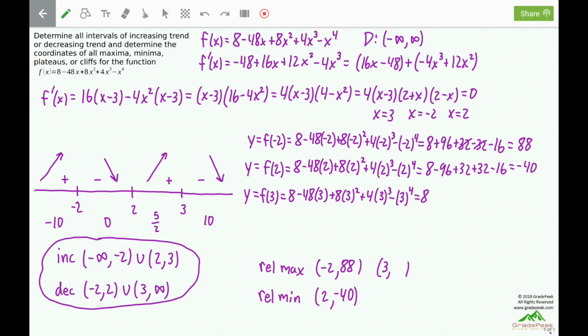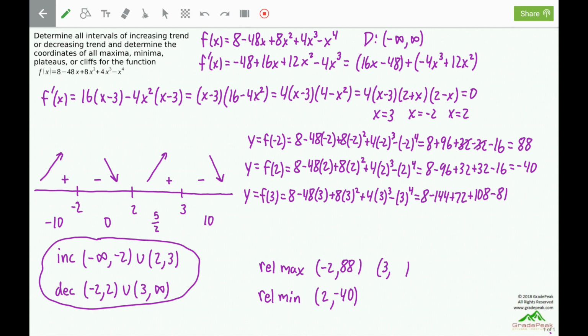which will be 8. A minus 48 times a 3 is a negative 144. 3 squared is 9 times an 8 is a 72. 3 cubed is a 27 times a 4 is a 108. And then a 3 to the 4th is an 81 with a minus. 8 minus 144 is negative 136.